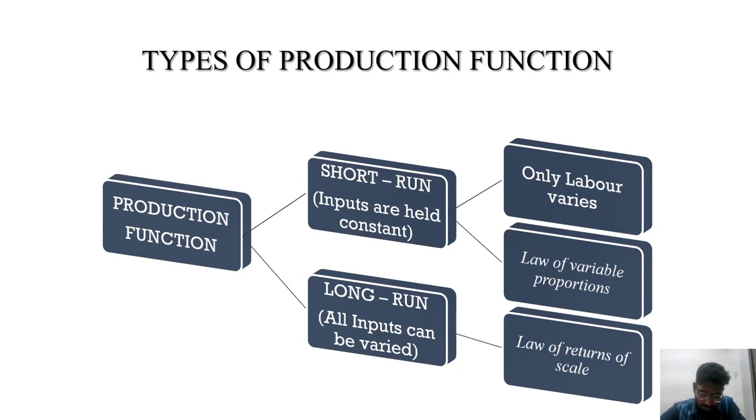On the other hand, according to Benham, as the proportion of one factor in a combination of factors is increased, after a point, first the marginal and then the average product of the factor will diminish.